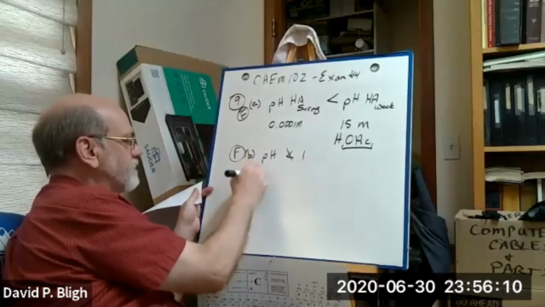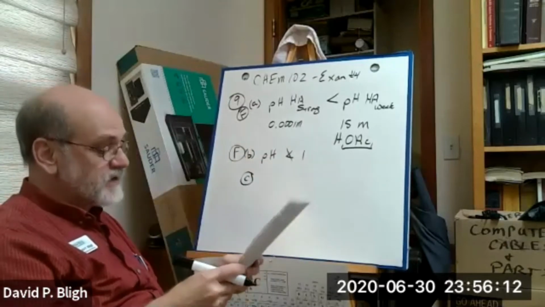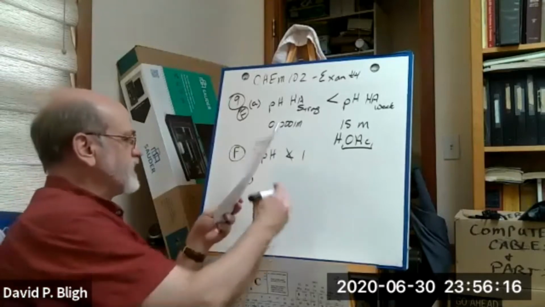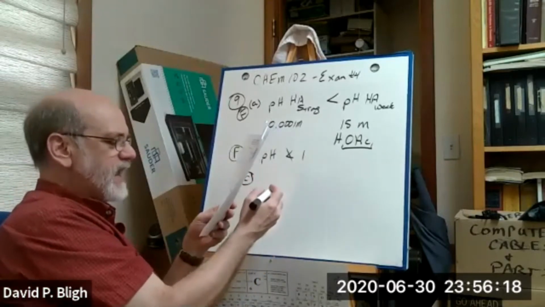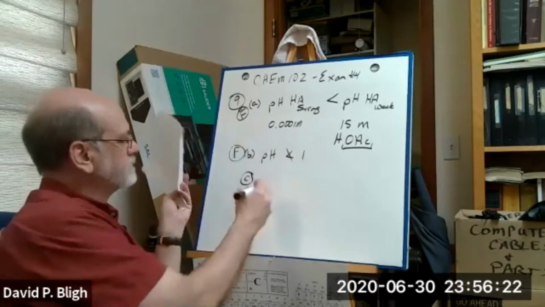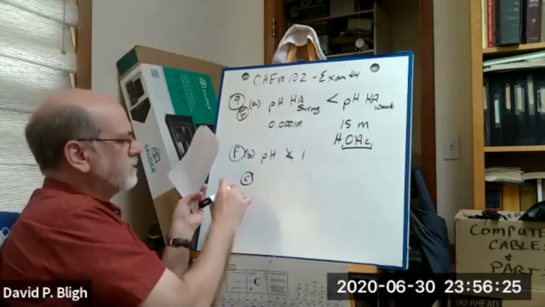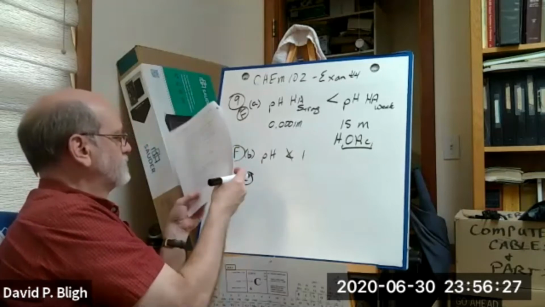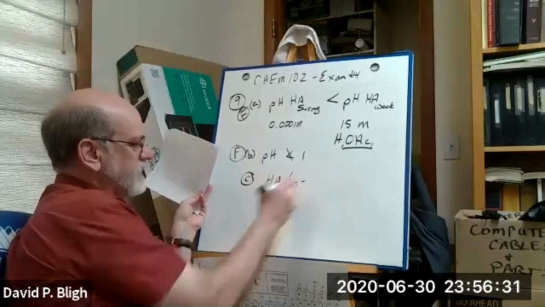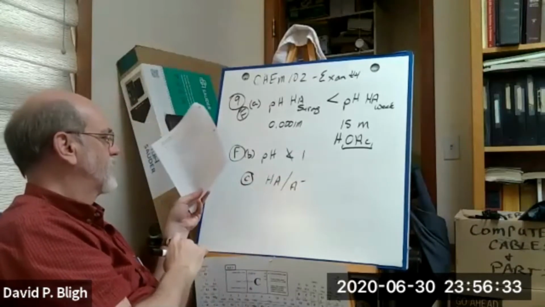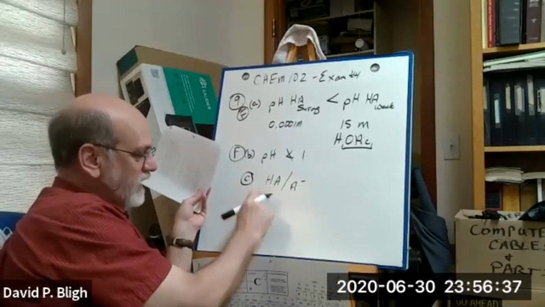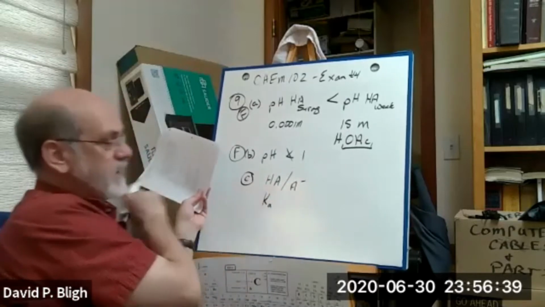How about C? If C is not true, then E is true. So let's look at C. A conjugate acid-base pair, say HA, A minus, right? For the dissociation of HA, you have a Ka value.